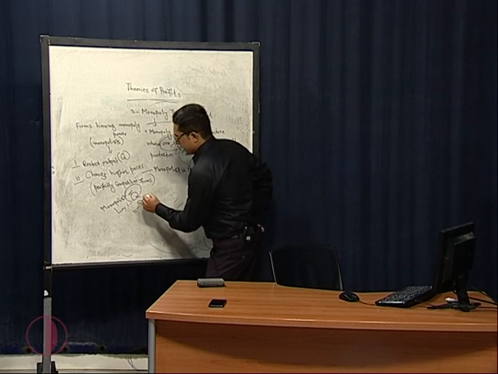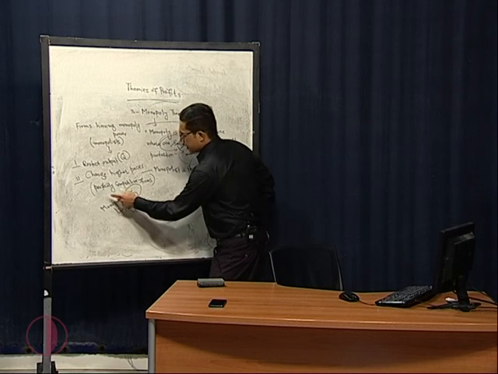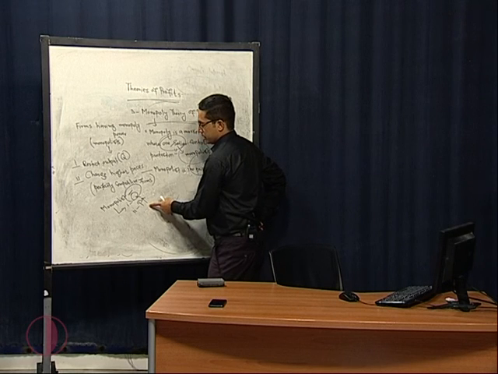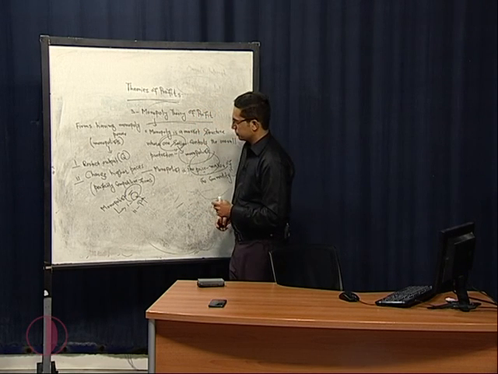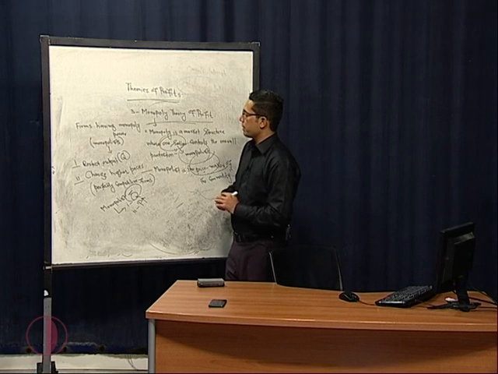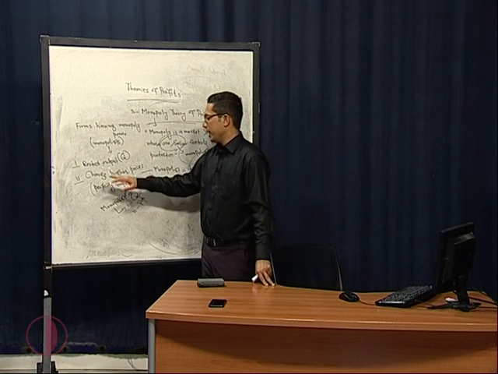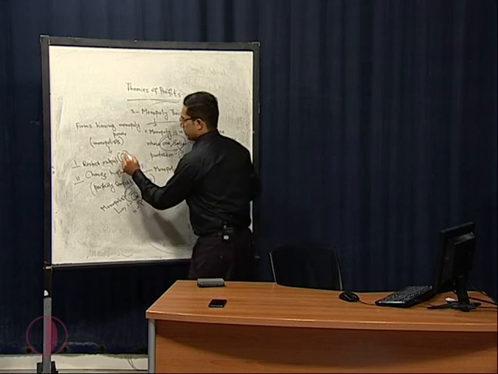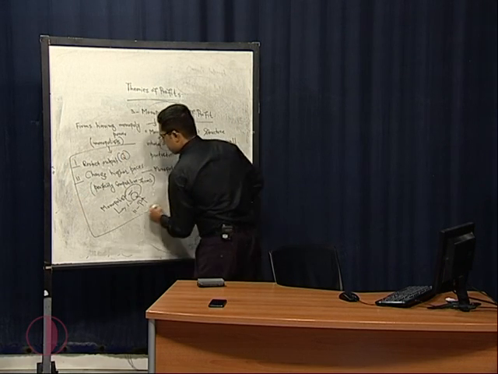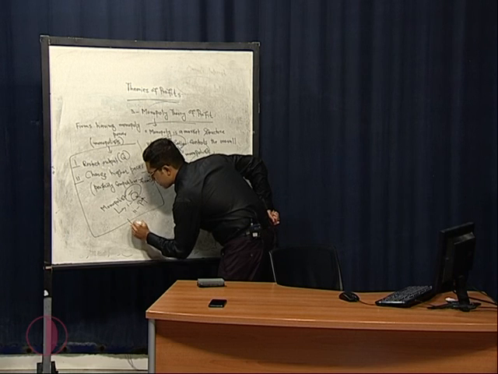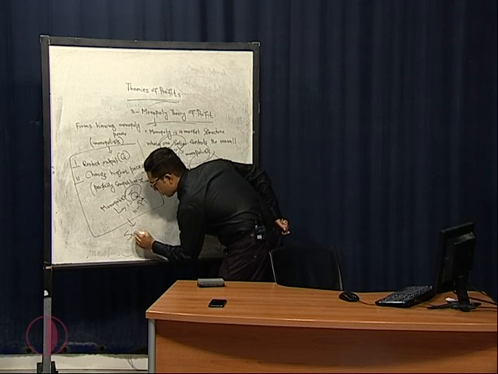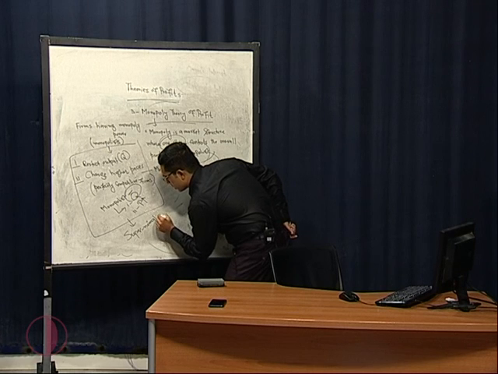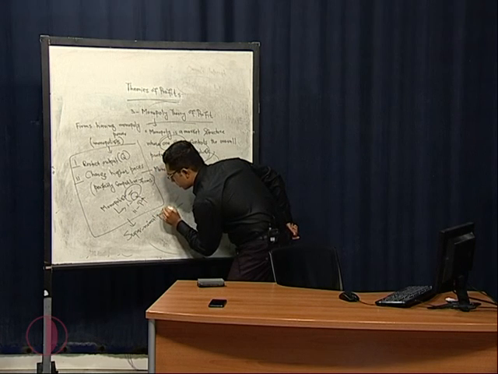And second, as compared to the perfectly competitive market, his price is higher for his commodities. Because of these two tools, he can earn supernormal profit.